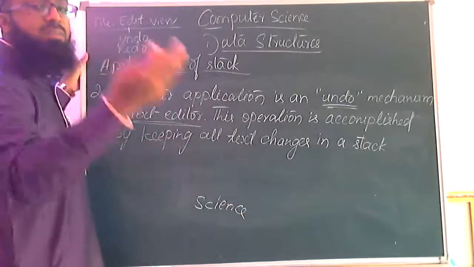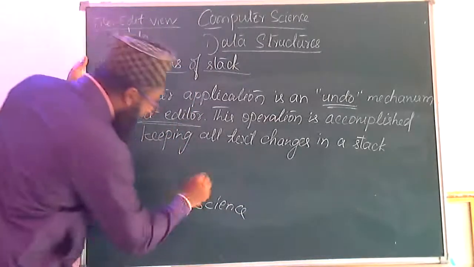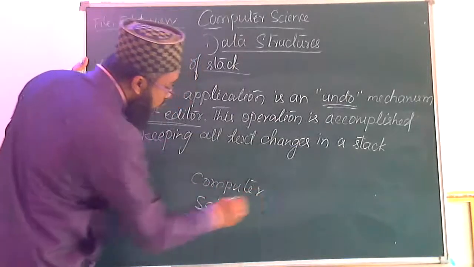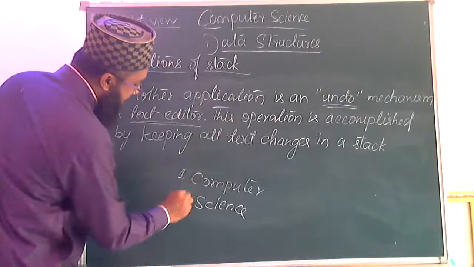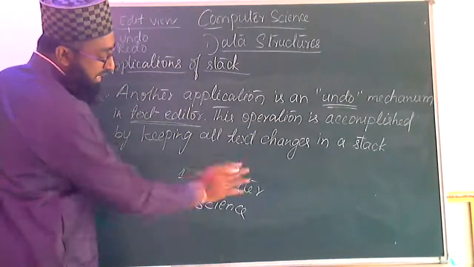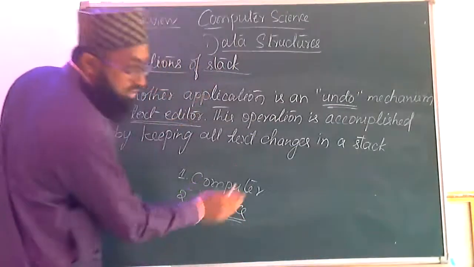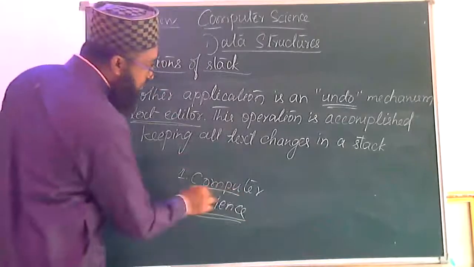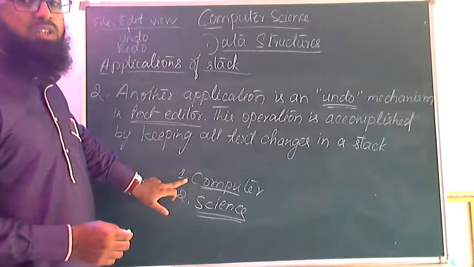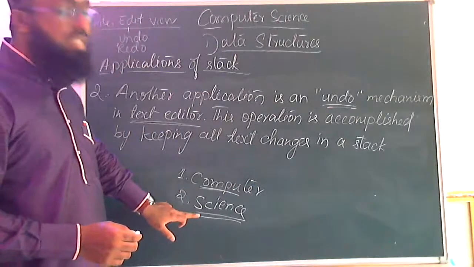Why? The second item is science, the first item is computer. Again, if you click on undo, this will print computer. It means going back. First we inserted this, then second we typed science, then erased. After that, if you click on undo, first science will get printed on your screen, then computer. It means the first item inserted into the stack is computer, and the next item inserted into the stack is science.